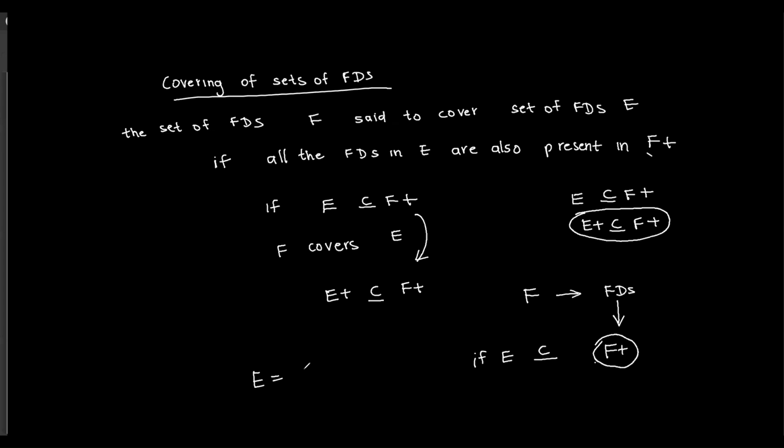F plus FDs. Let's deal with this with an example, or else this might be confusing. Let's say F is equal to A functionally determines B, comma B functionally determines C. This is the set of FDs.